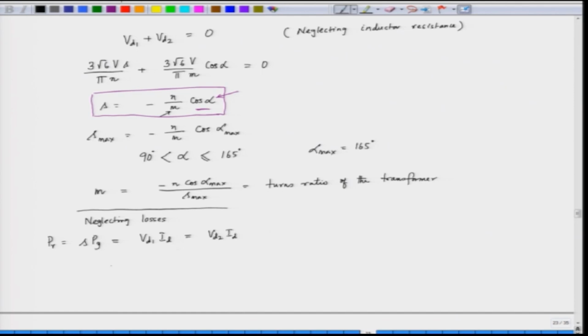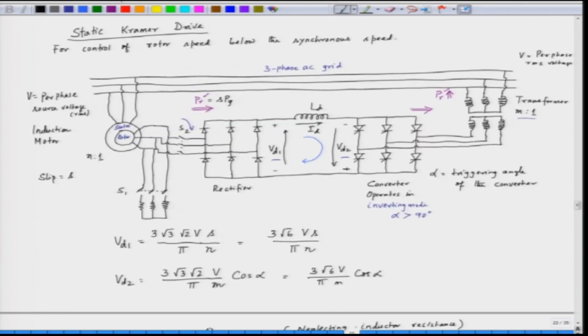So, what is the mechanical output? The mechanical output is 1 minus S into the air gap power. The output coming out as P m is having a torque T and omega m is the speed.